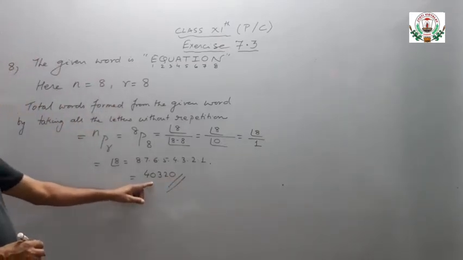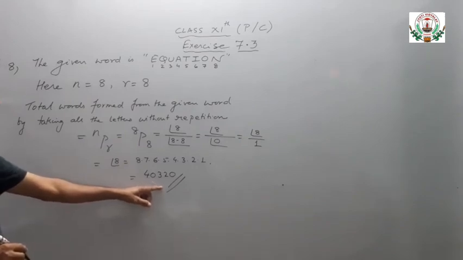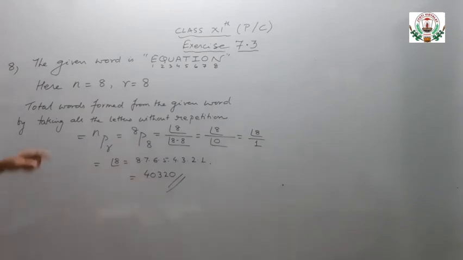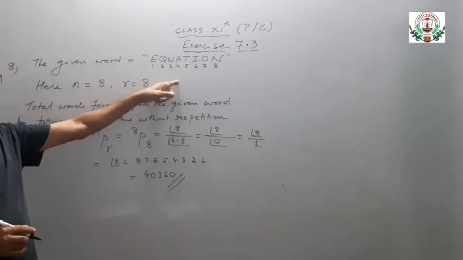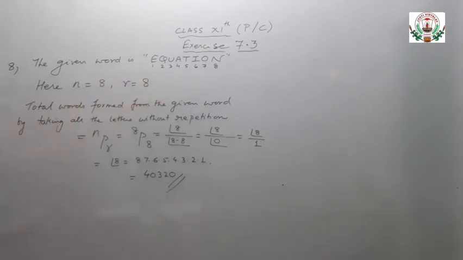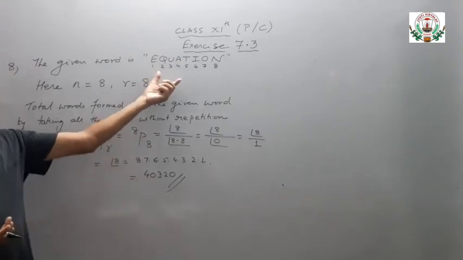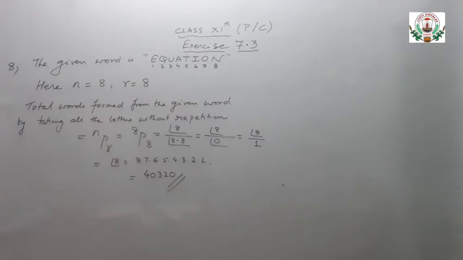So 40,320 words will be formed from the given word EQUATION when all the letters of the given word are taken at a time and without any repetition of the letters. Okay. Now let's move to the next question.